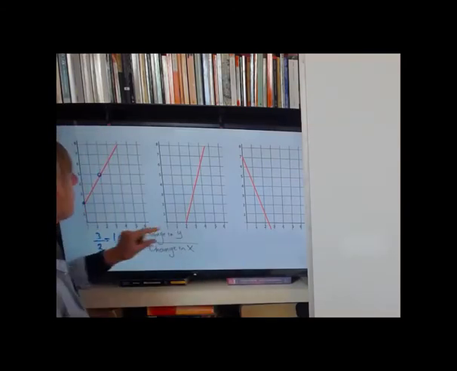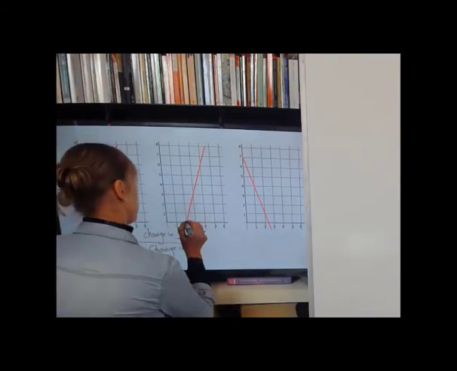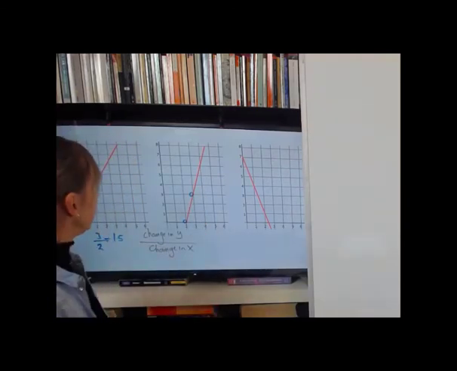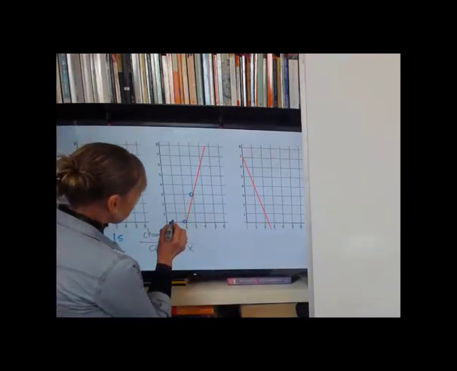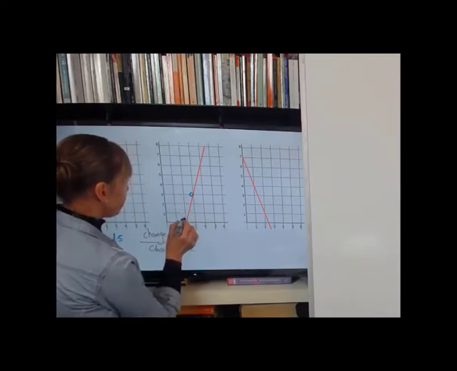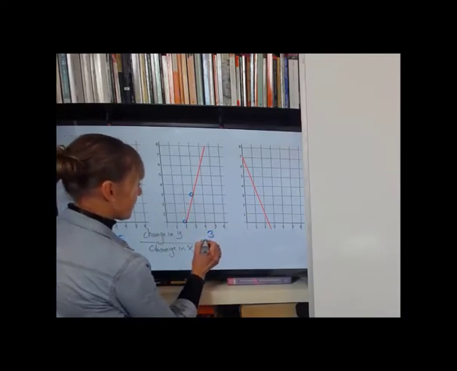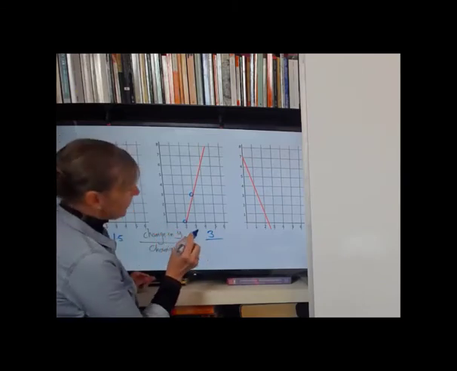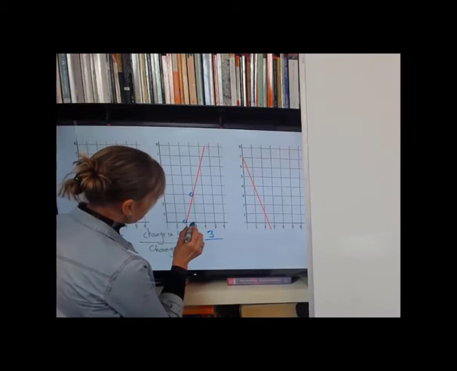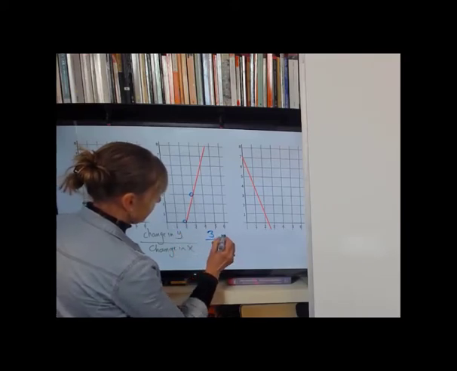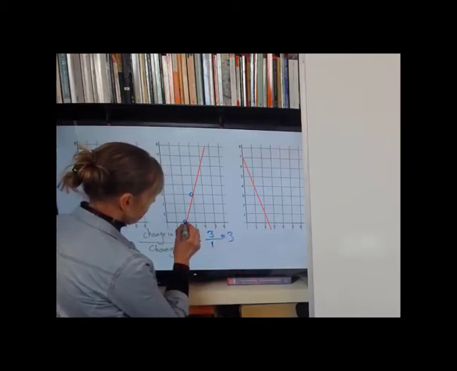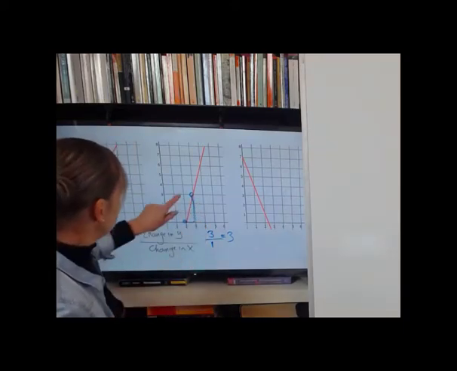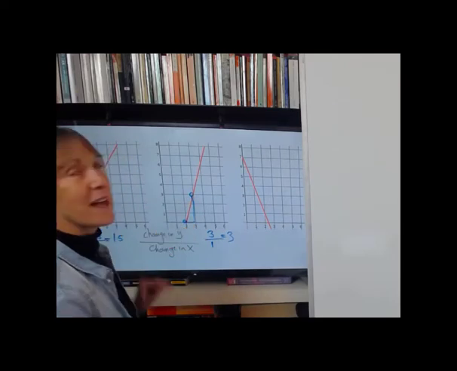What about this one? Well, shall we start from there and go to there? The y value has increased from 0 to 3. So it's 3 divided by, and the x value has increased from 2 to 3. So we're interested in that difference divided by that difference.